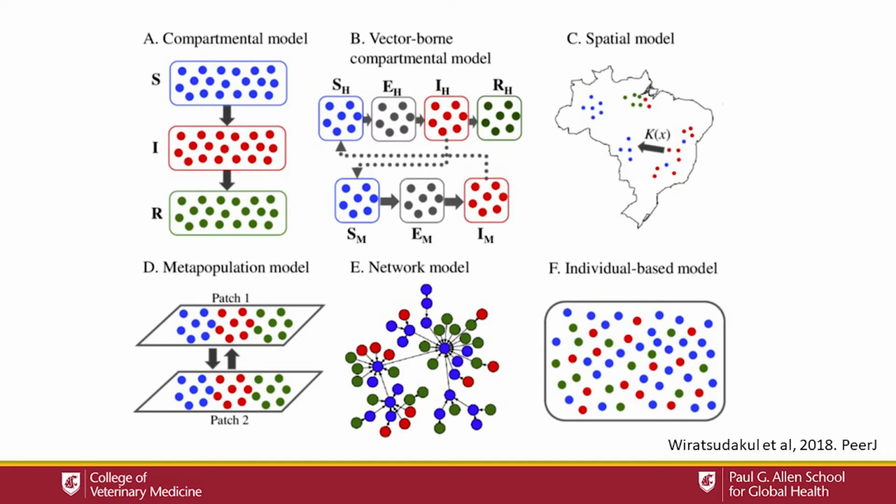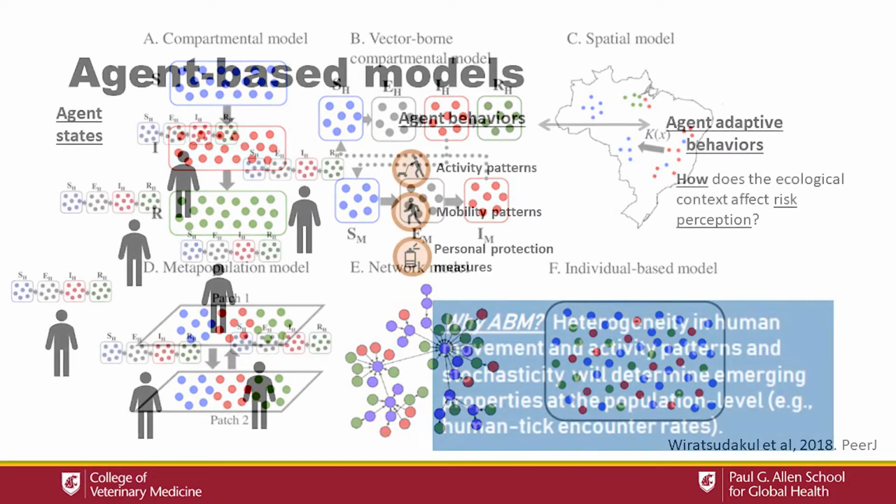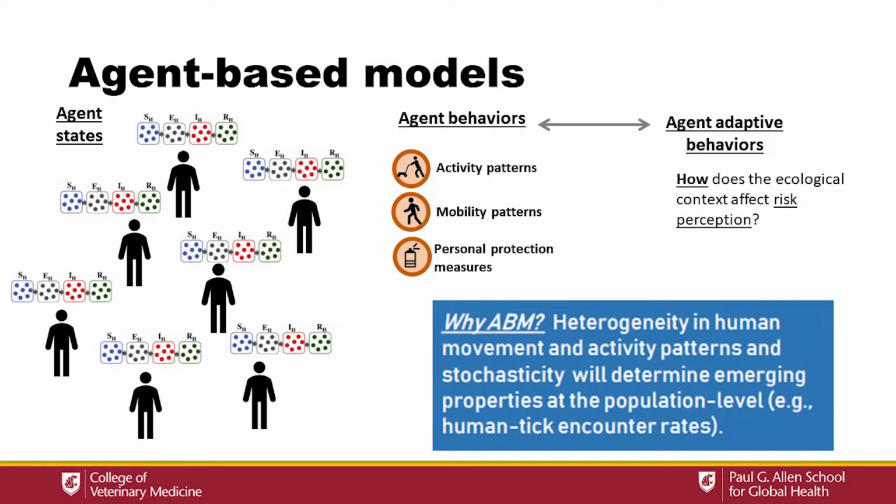I don't need to give you a lecture on the different types of models that we can use to approach this, but here we decided to use an agent-based model, or individual-based model, where we can think of people going through different stages, from susceptible to exposed to infected and recovered.